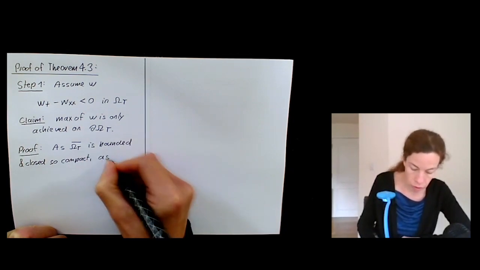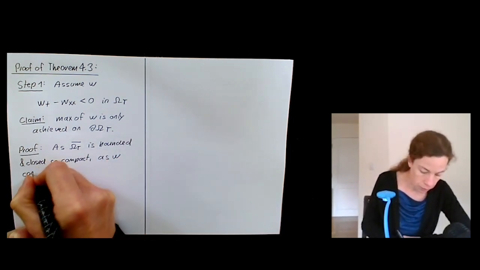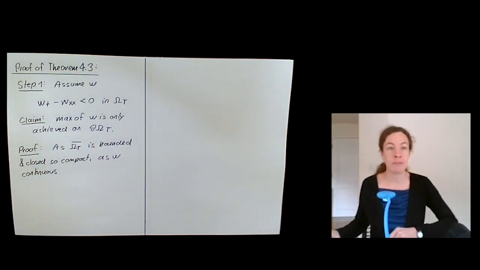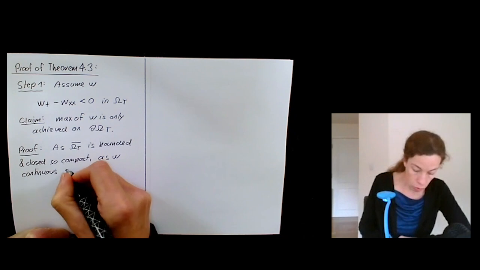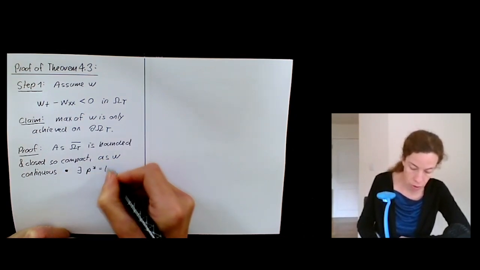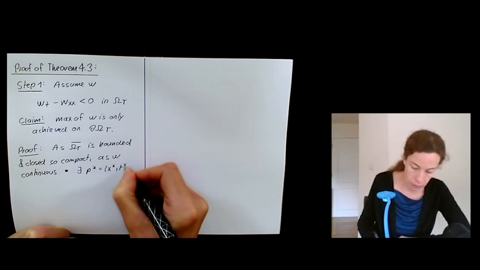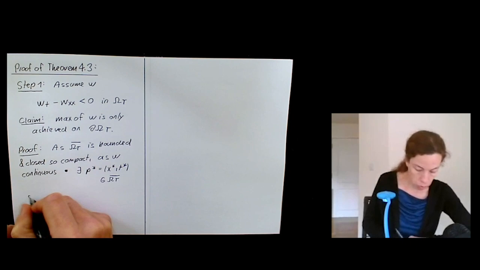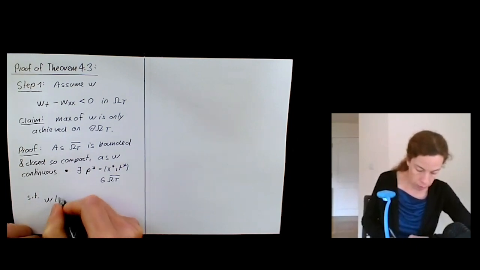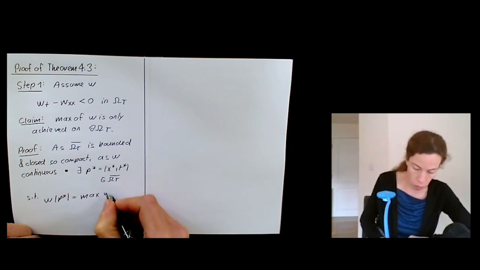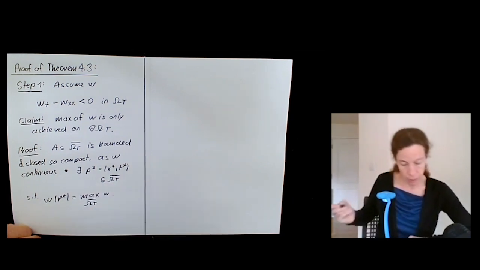And as my function w is continuous, I know that the function w actually achieves its maximum. So what I conclude is that there exists a point that I call P star, so that's x star, t star, in my domain omega t closure, so that W at this point P star is the maximum of W over the whole omega t bar.